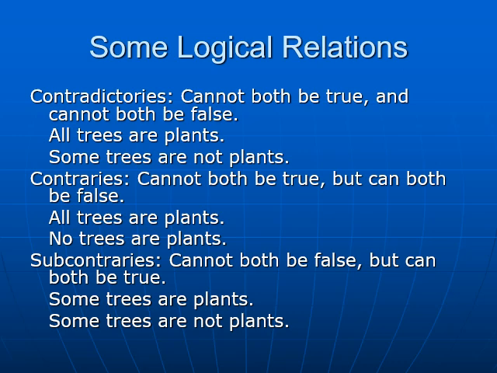But they can't both be false, because what would you be saying about trees if you said it's not true that some trees are plants, and it's also not true that some trees are not plants? It seems like it's got to be one or the other, either plants or not plants. So they can't both be false, but they could both be true. That's what's meant by a subcontrary. And that's a relationship between I statements, some S are P, and O statements, some S are not P.